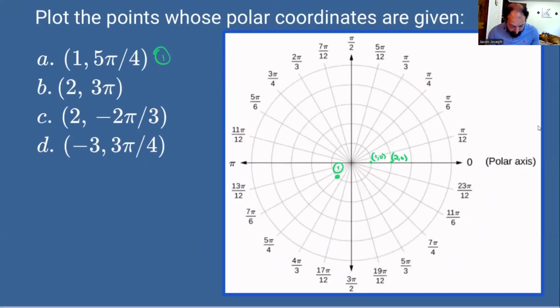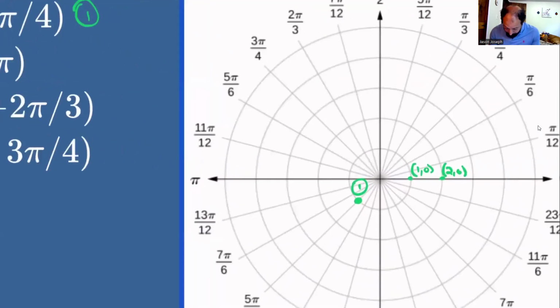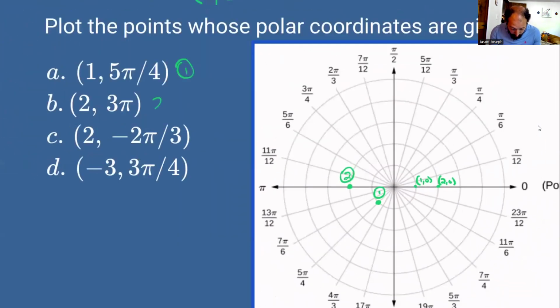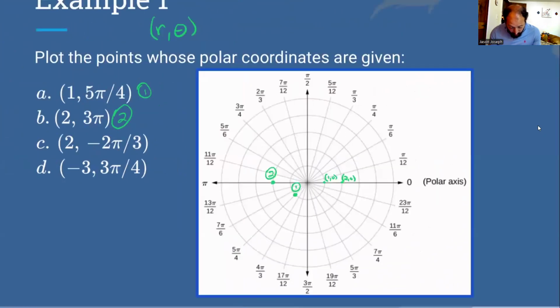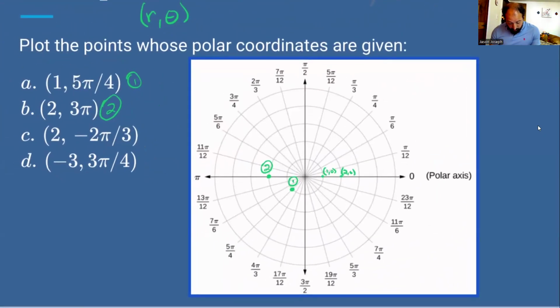And then a radius of 2 and an angle of 3 pi. Okay, so 3 pi is 1.5 revolutions, so it's the same as saying an angle of pi, and a radius of 2 would be right here. So that'd be our second point. I'll let you figure out the rest for yourself.